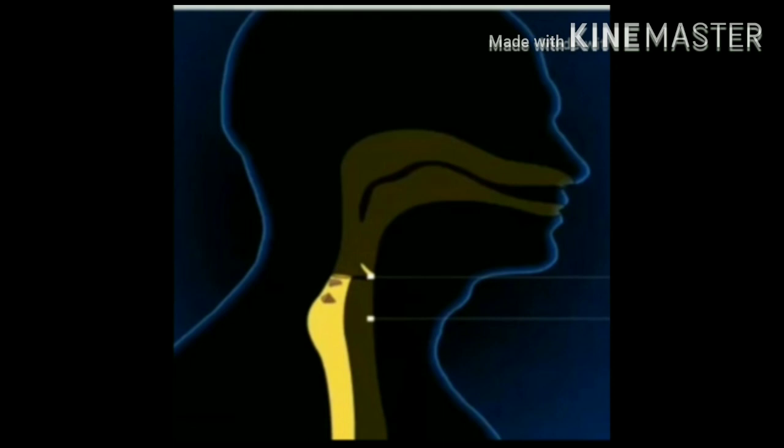The windpipe carries air from the nostril to our lungs, and the food pipe carries food from the mouth to the stomach. Normally, when we swallow food, the epiglottis covers the windpipe so that food does not enter into the windpipe.